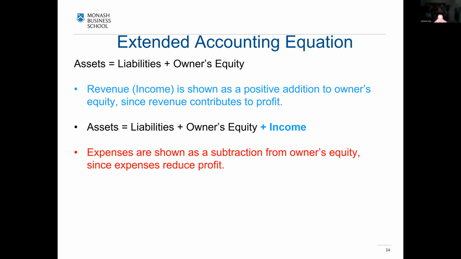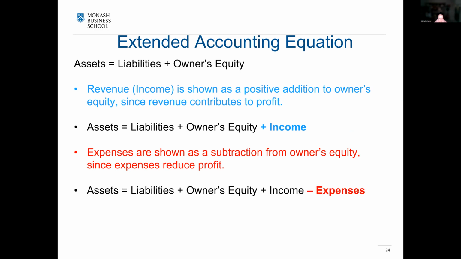Now, what happened to expenses? According to the definition of expense as per the conceptual framework, expense is a decrease in economic benefits, or it has to be ultimately decreasing owner's equity. So when we fit expenses into the accounting equation, it has to be a reduction. It has to be negative, minus, subtracted from owner's equity on the right-hand side.